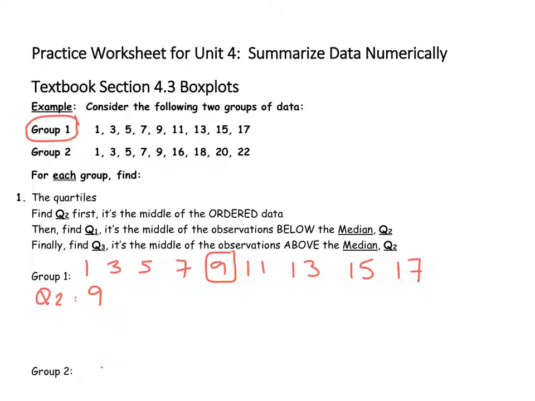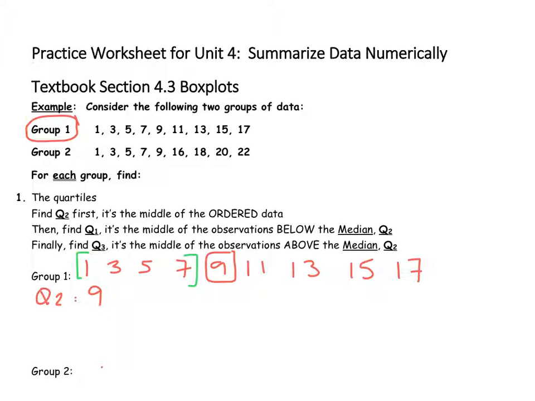Now we find Quartile 1. I'm going to change my pen color because I want to find the middle of the observations, which are the data values, below the median Quartile 2. So numbers that are smaller than 9, that's what I'm looking for Quartile 1. I'm looking at 1, 3, 5, and 7.